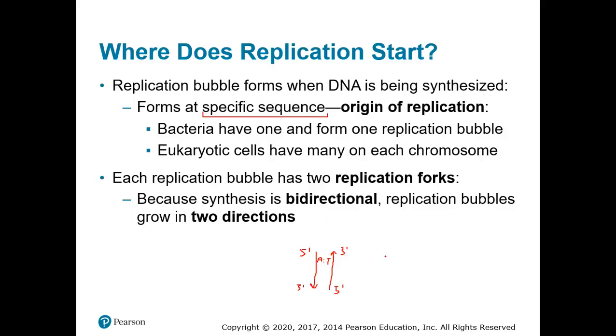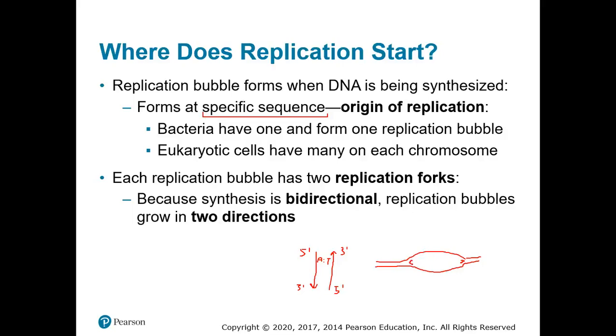Now, when we break those hydrogen bonds, and we're going to see this more in the picture, it's going to look a little something like this. We have our double strands, and you'll see they're broken in the middle here. We've kind of pulled them apart. We've made a bubble. Now, this little area right here is called the replication fork.